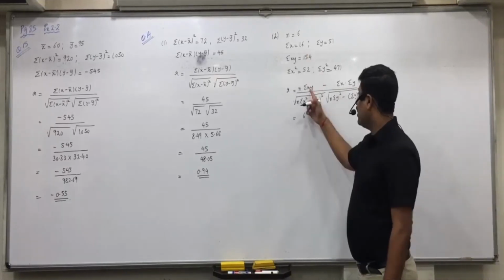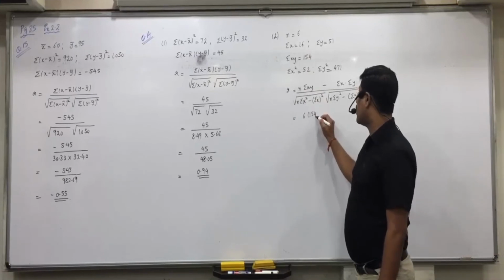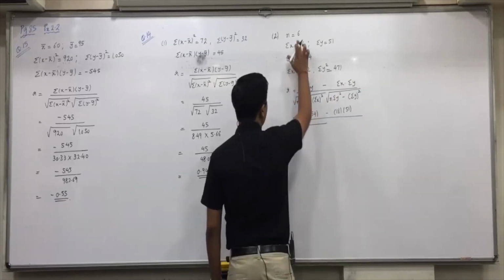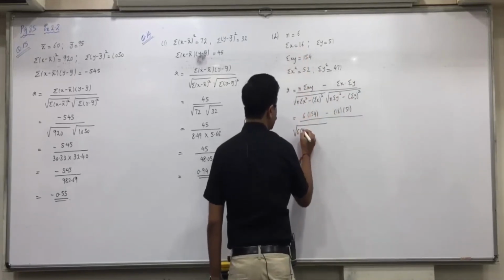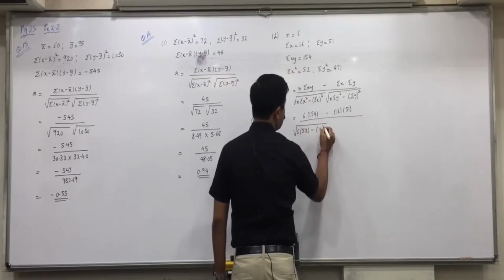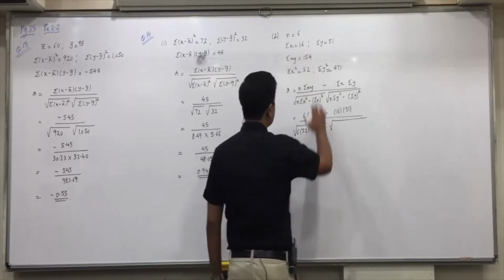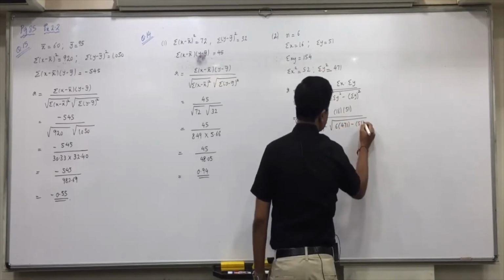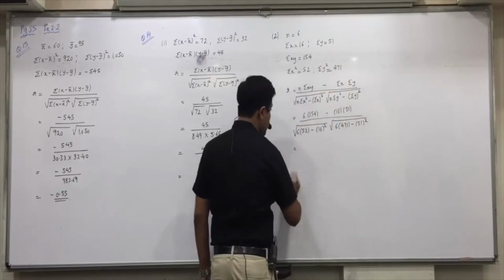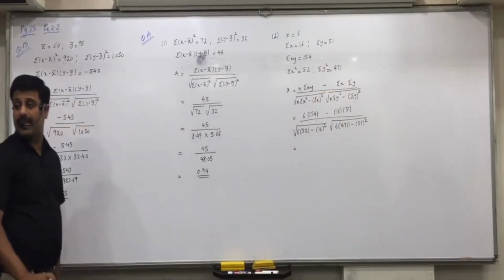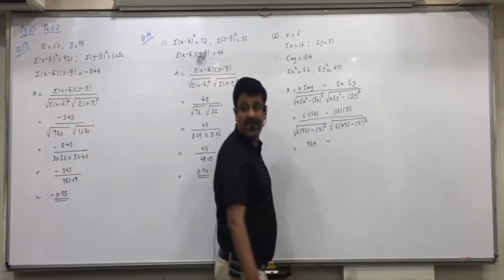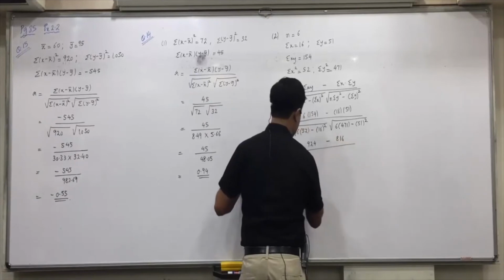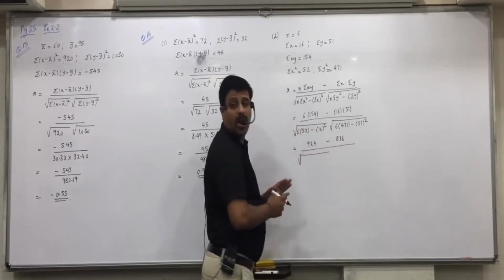N is 6 into sigma xy is 154 minus sigma x is 16 into sigma y is 51 upon square root of n is 6 into sigma x square is 52 minus sigma x is 16 whole square, into square root of n is 6 into sigma y square is 471 minus sigma y is 51 whole square. So is everyone clear with this? Fine. Further, 6 into 154 is 924 minus 16 into 51 is 816 upon square root of. Stop talking in between.